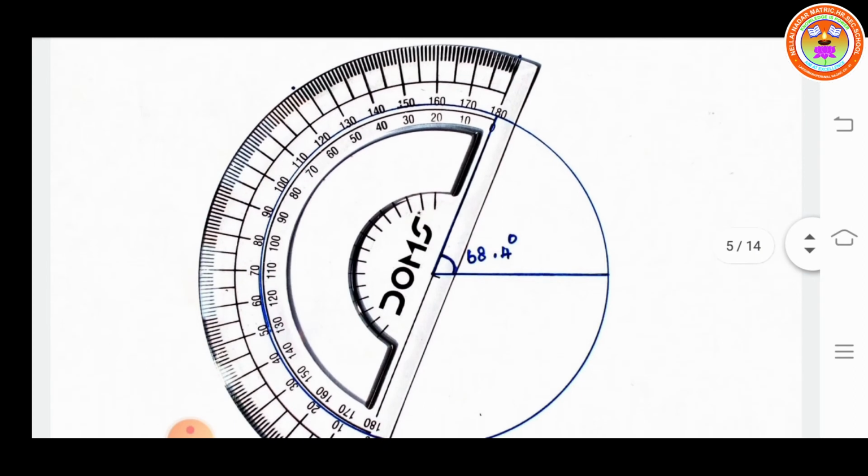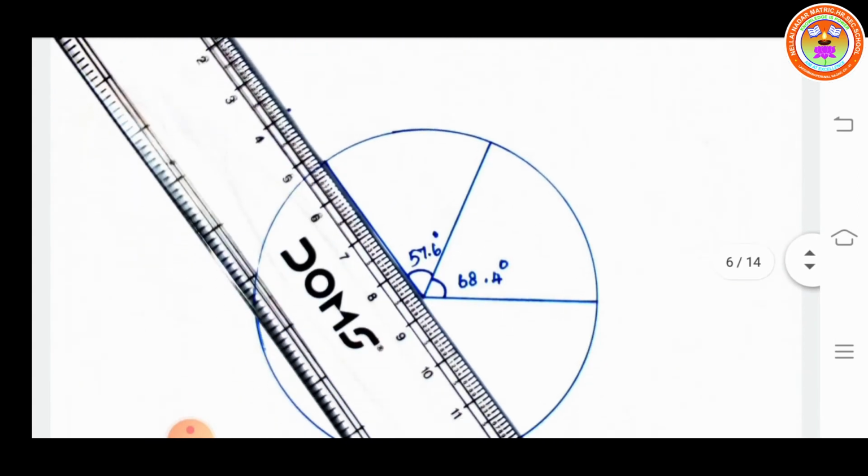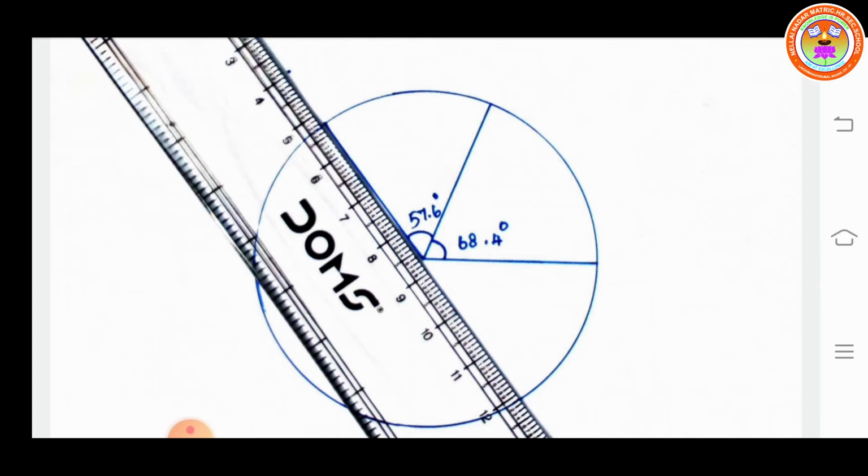Next, you place the protractor on the new radius like this. From the center, mark the angle 57.6 for income tax. Then remove the protractor and join that point to the center of the circle by using the scale and pencil.